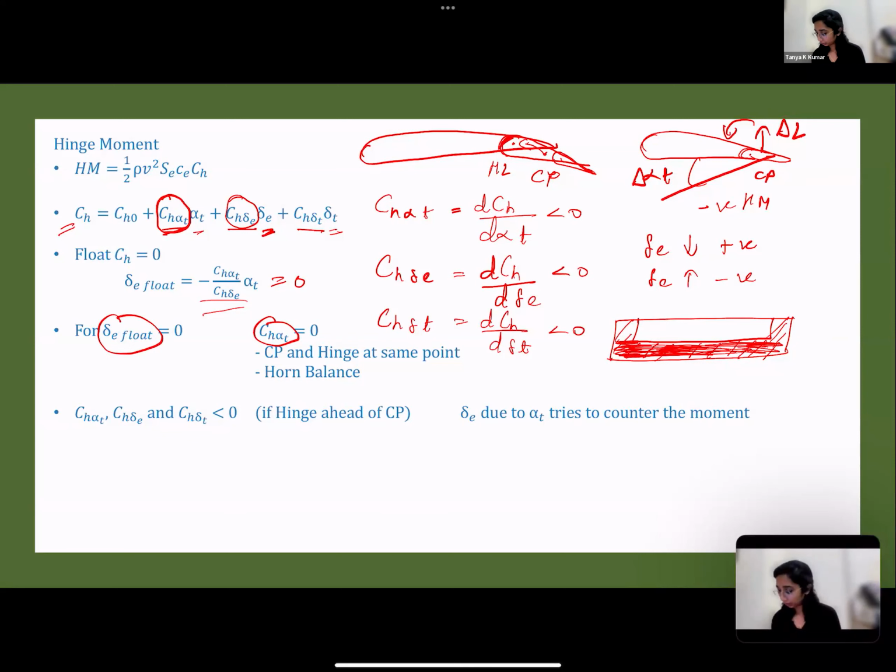How do you reduce your alpha? You deflect your elevator down. Why does the alpha reduce if I deflect my elevator down? Positive deflection of elevator.